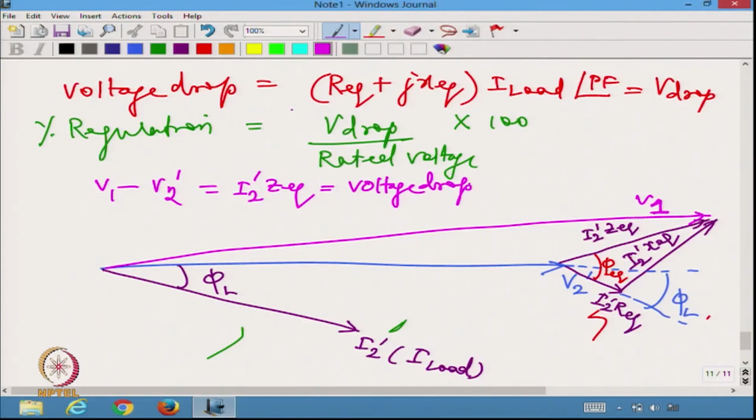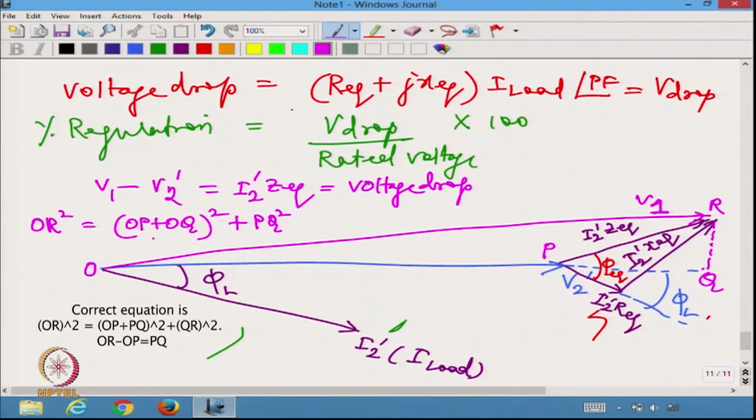I can write rather this as the summation of, let me call this point as O, this point as P, this point as Q, this point as R. So, I can say that OR square will be equal to OP plus OQ the whole square plus PQ square, right?